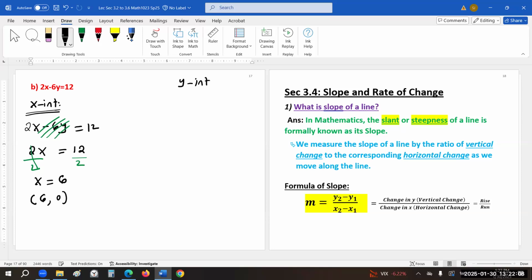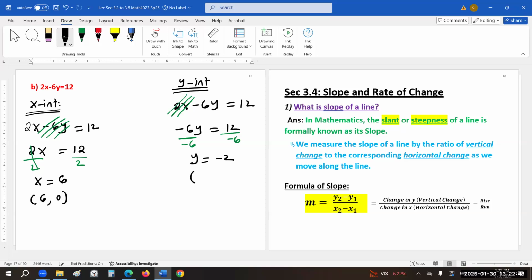Now you have to do the exact same thing for y. So 2x minus 6y equals 12. This time 2x vanishes. So what do we have? So y equals negative 2.